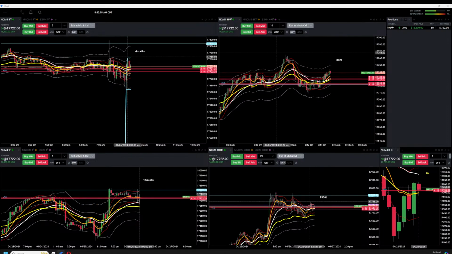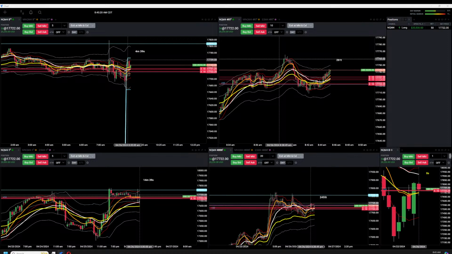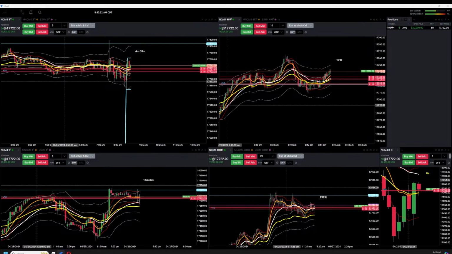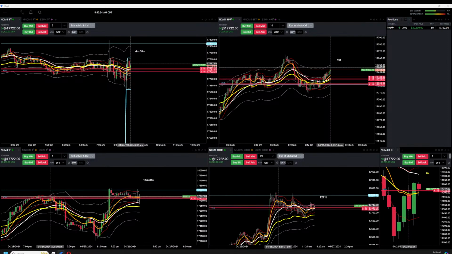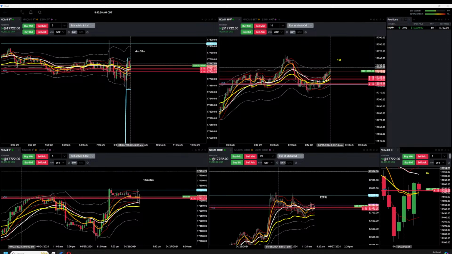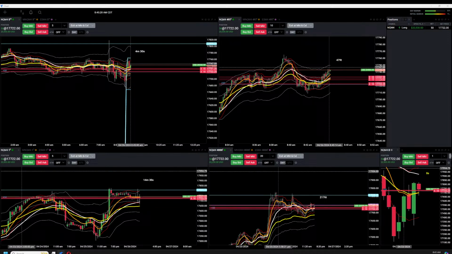Next key level that we're going to watch for reaction that's important is 759. I bet it's OBS that's doing it. Oh, not giving it enough room.